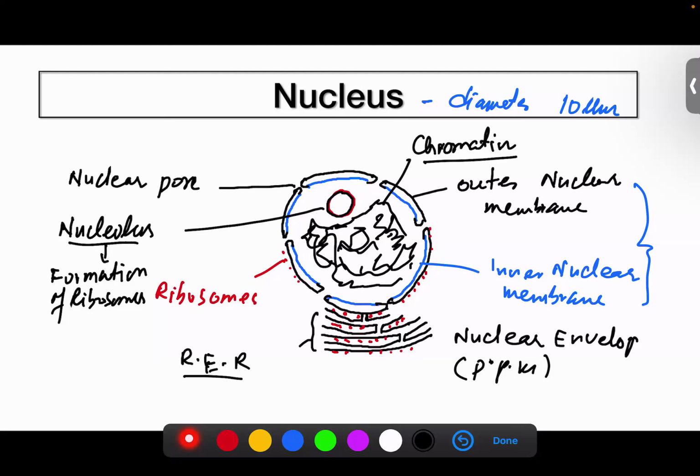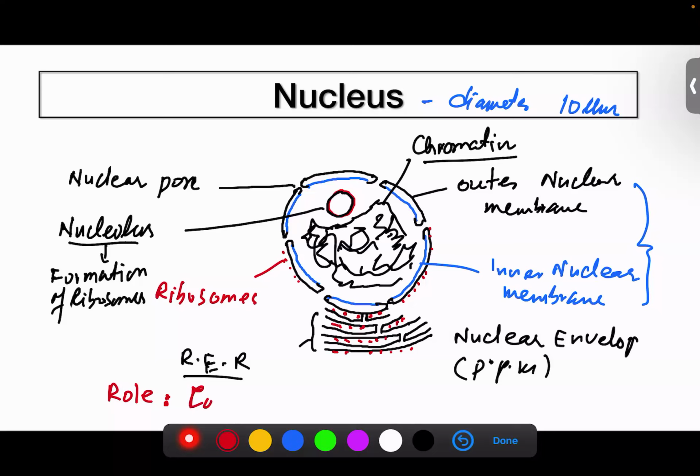Nucleus is involved in protein synthesis, or it controls activities of a cell by controlling the synthesis of different proteins.